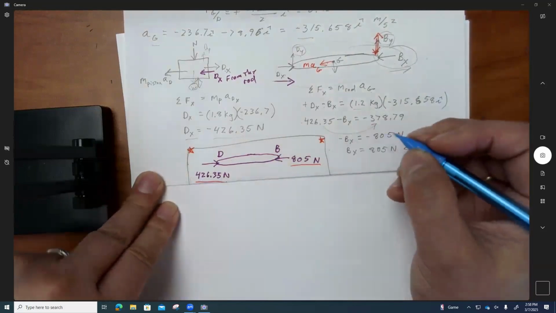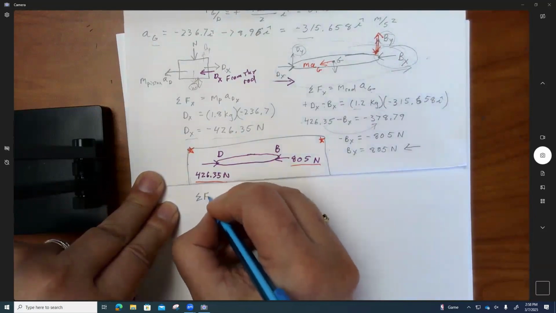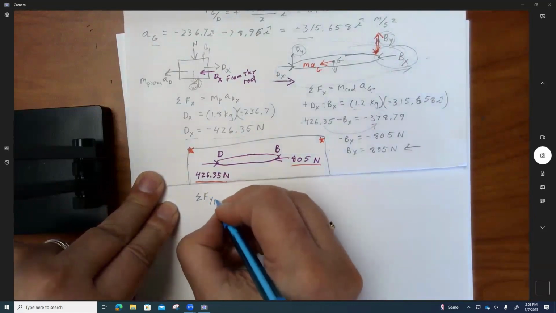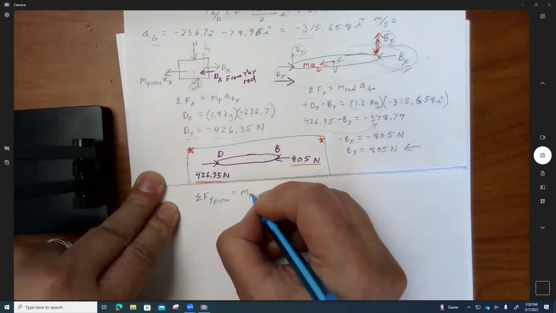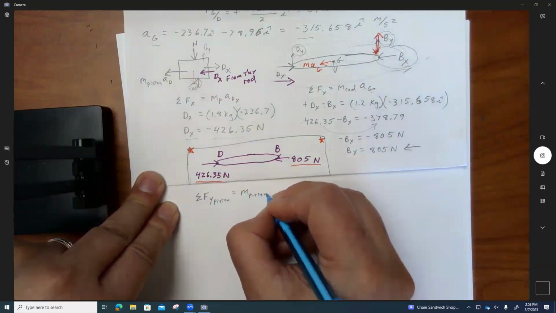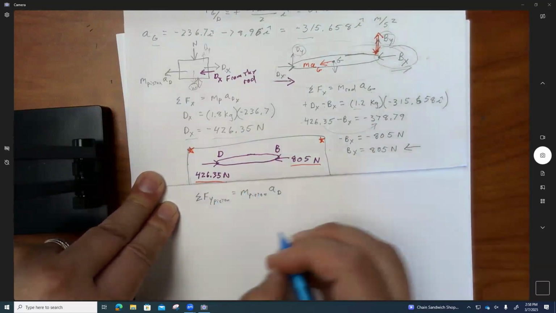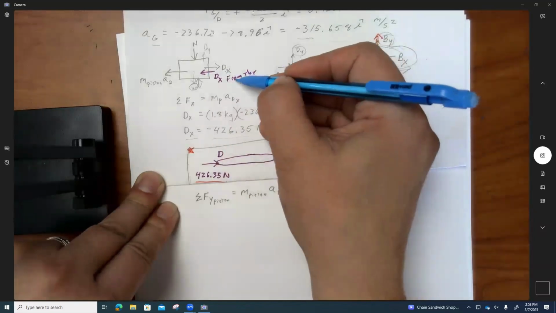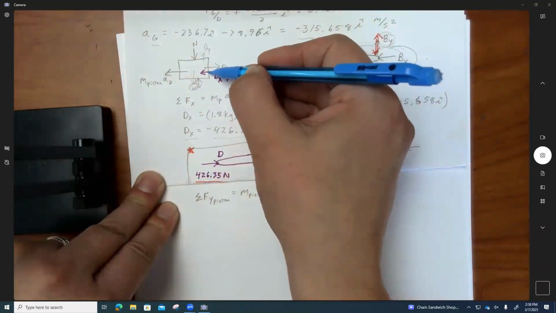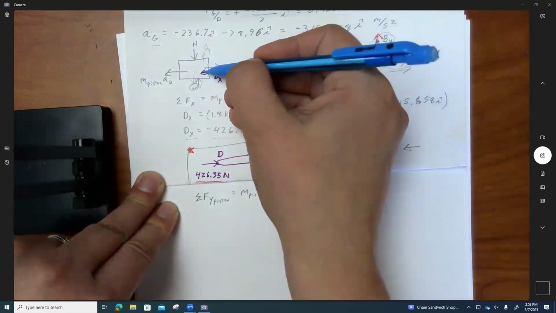But what if they said you could not neglect the weight? Then we would sum forces in the y direction for the piston, and we would set that equal to the mass of the piston multiplied by the acceleration at D. And now what we know for a free body diagram, we found out that Dx is pressing from the rod in compression onto the piston.